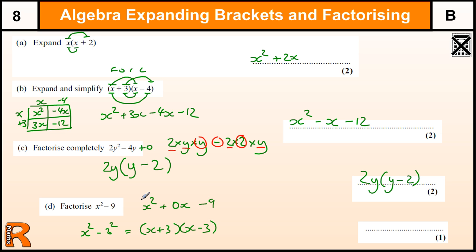Or you can factorise this in a normal double bracket method, thinking about what multiplies to give you minus 9, which would be 3 times 3, where 1 is negative, and pretty much that's the only solution, because when you add them you get the 0. So there we have lots of algebra, expanding brackets and factorising.